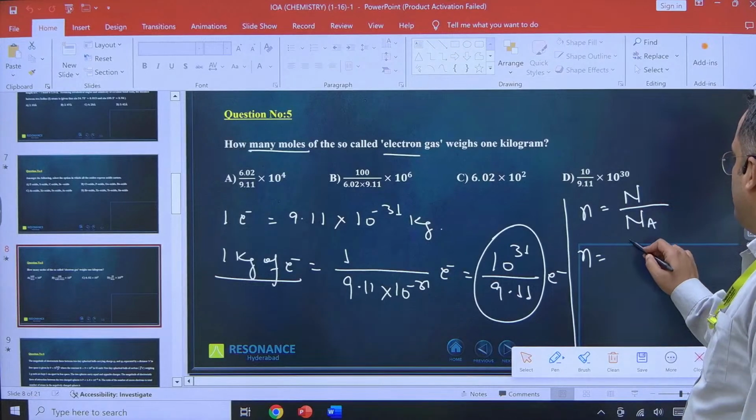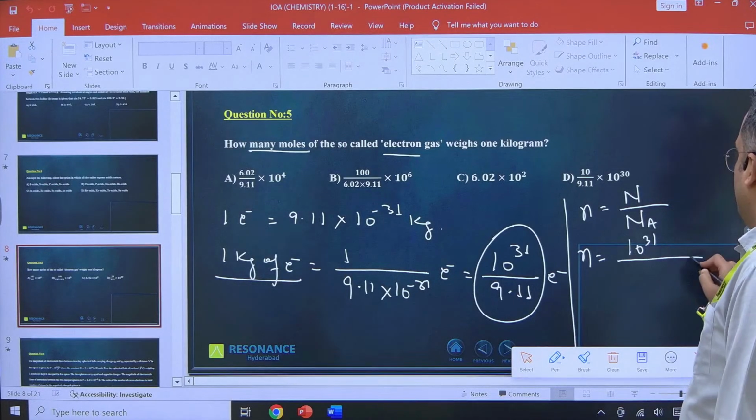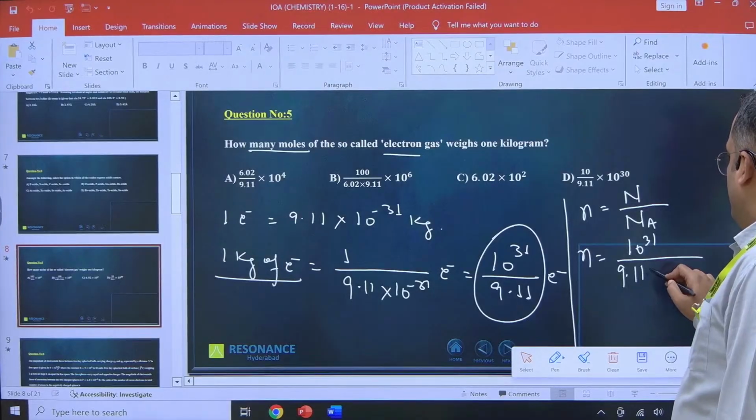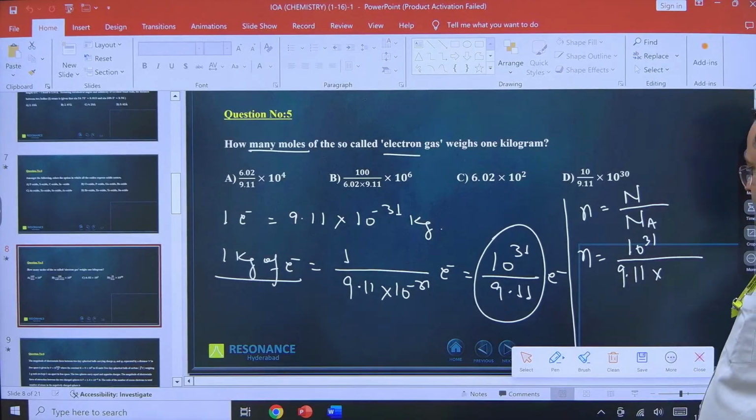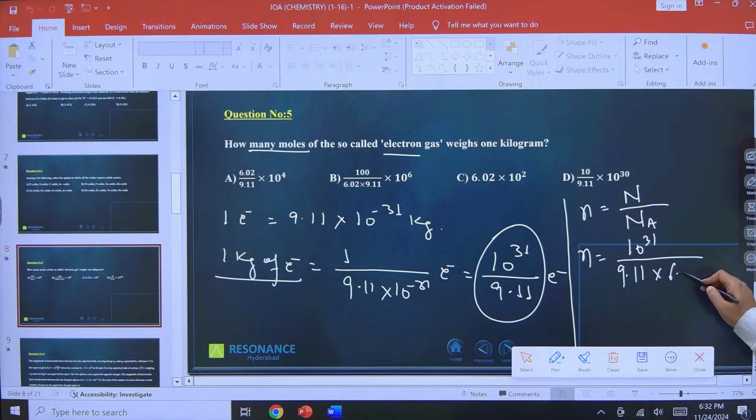So if we put here 10 to the power 31 upon 9.11 into, what is the value of Na? 6.022 into 10 to the power 23.